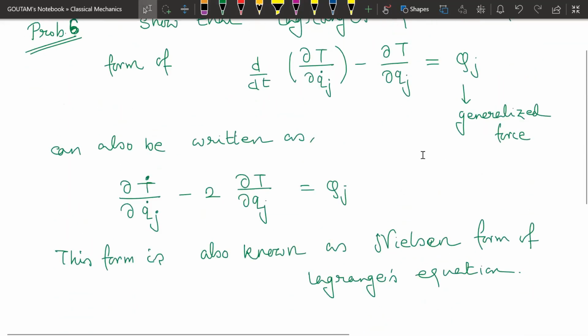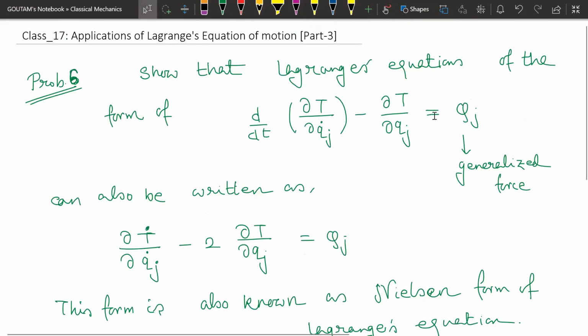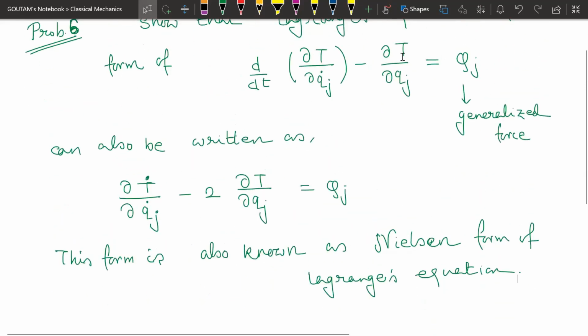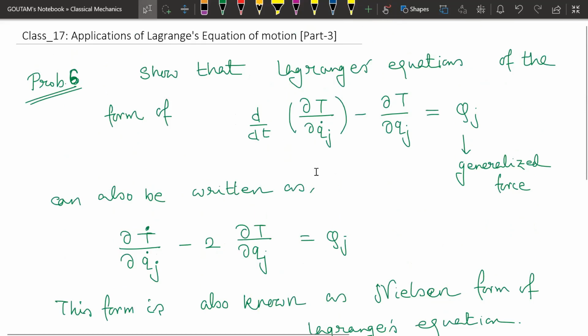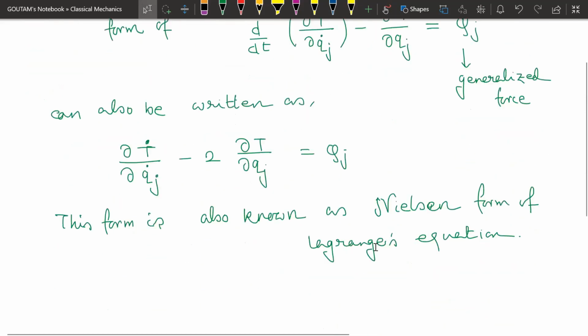So basically what we need to show is that d/dt of ∂T/∂q̇j minus ∂T/∂qj equals ∂Ṫ/∂q̇j minus 2 times ∂T/∂qj. That's what we need to show. If we can show that these two expressions are equal, then it follows from this equation to the Nielsen equation.